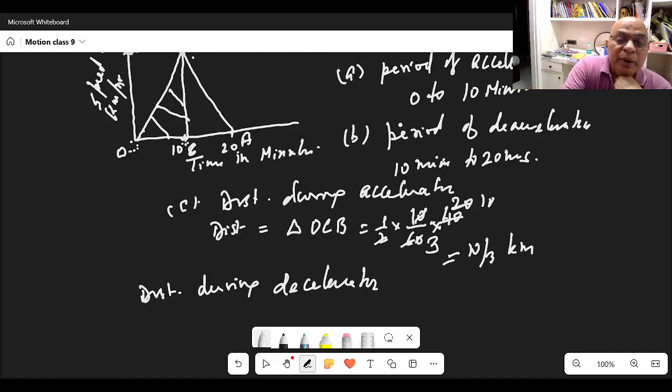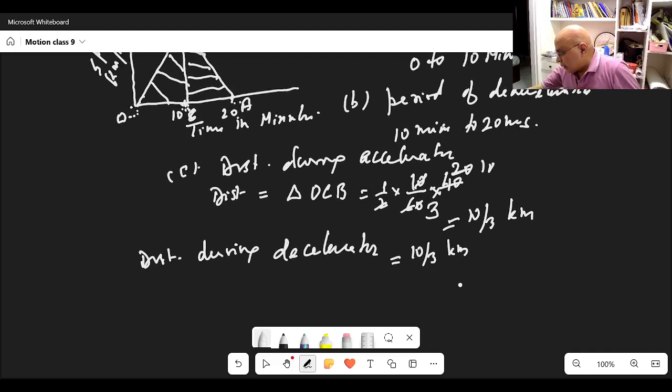The area will be of this triangle, because it is decelerating from this point at t equal to 10. Just see here, the height is the same and the base is also the same: 10 to 20 means 20 minus 10 is 10. So the distance during deceleration, because the area is equal, will also be 10 by 3 kilometers.